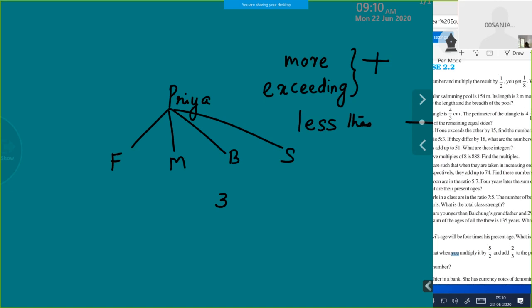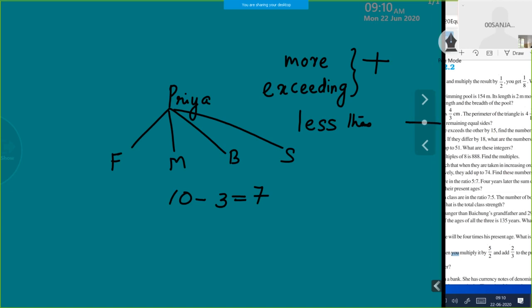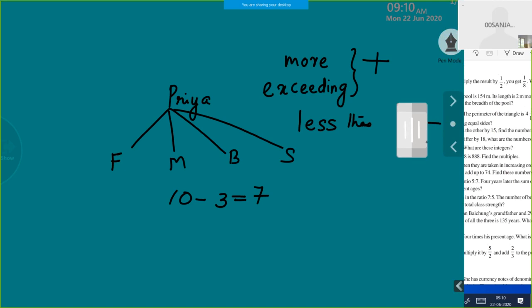Priya's brother has got 3 chocolates less than Priya. So less than means you can easily calculate that 10 minus 3, that is going to be 7 chocolates her brother got. So the less than expression will be replaced by minus. Less than will be replaced by the mathematical symbol minus.